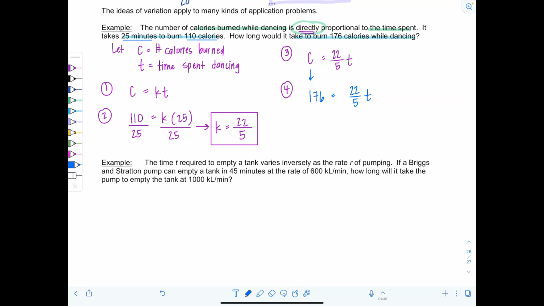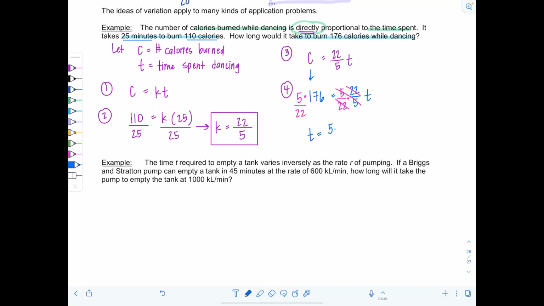Divide both sides by 22 over 5. Or easier way to think of it is multiply both sides by 5 over 22, by the reciprocal. So multiply by 5 over 22. Okay, so cancel, cancel. Everything cancels out here. Bam, bam, bam, bam. You have T all by itself.